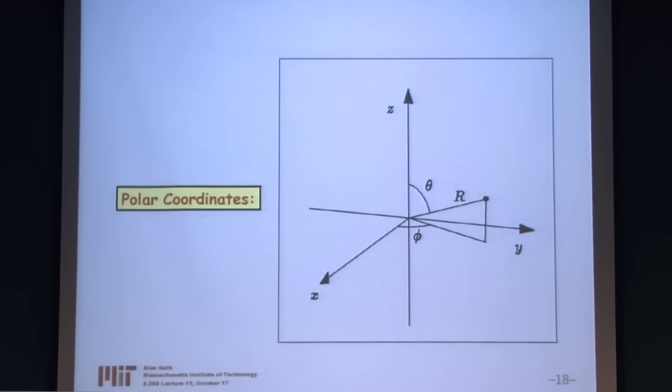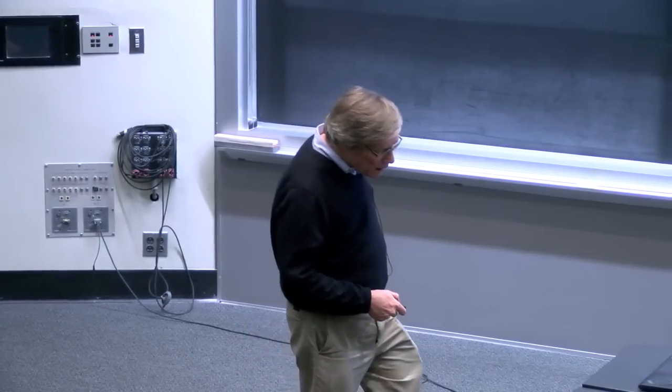Theta is an angle measured from the z-axis, and phi is an angle measured by taking the point that you're trying to describe, which is that dot there, projecting it down into the xy plane, and in the xy plane measuring the angle from the x-axis. So that's phi, and theta and phi are the polar coordinates describing a point on the surface of the sphere. And what we want to do is describe the distance function in terms of those polar coordinates. That's our goal.